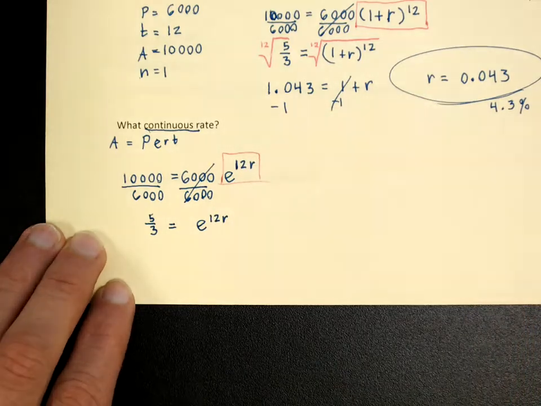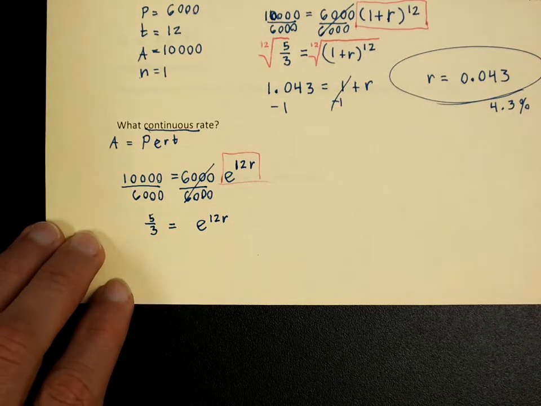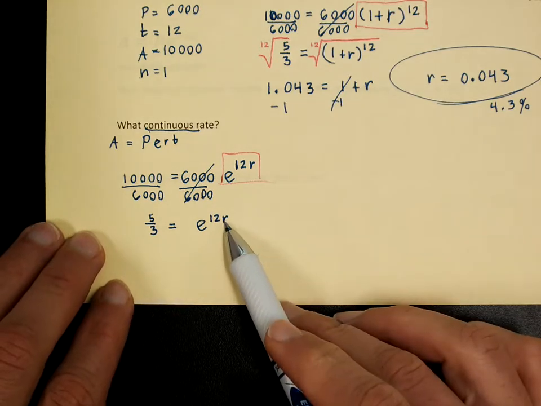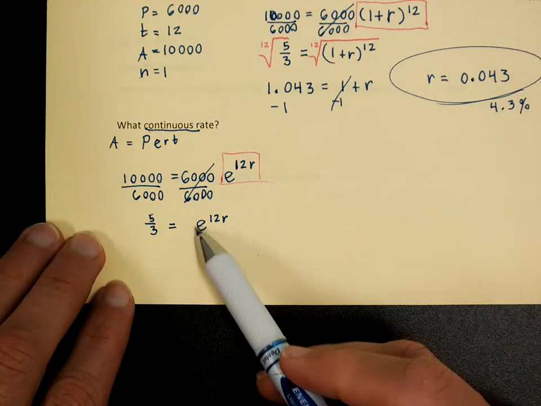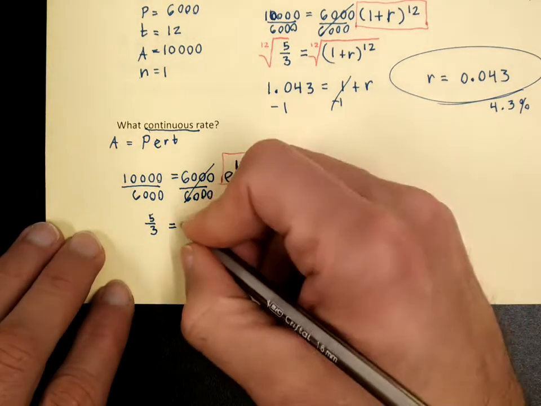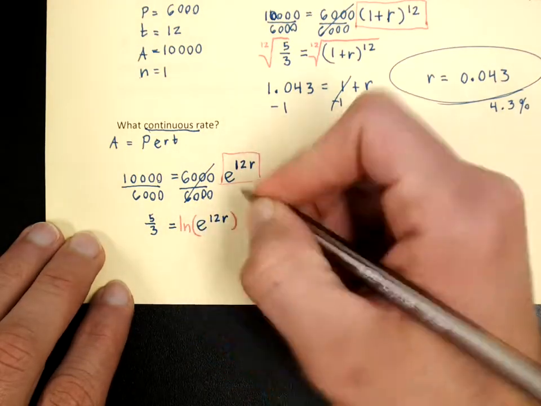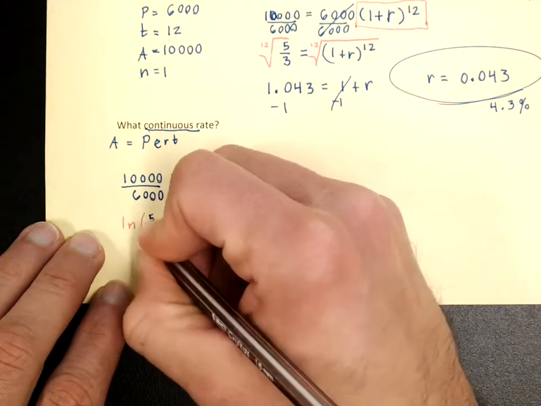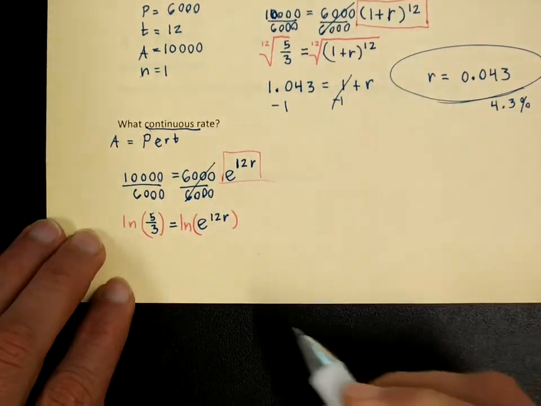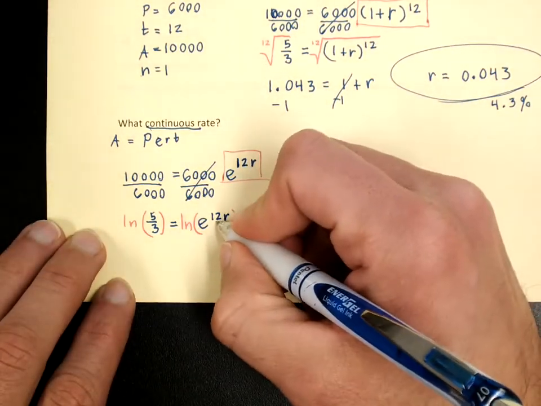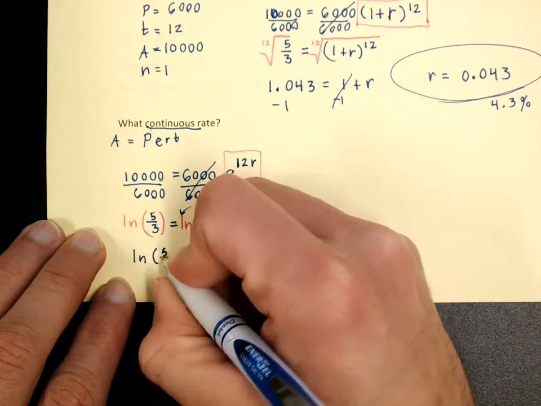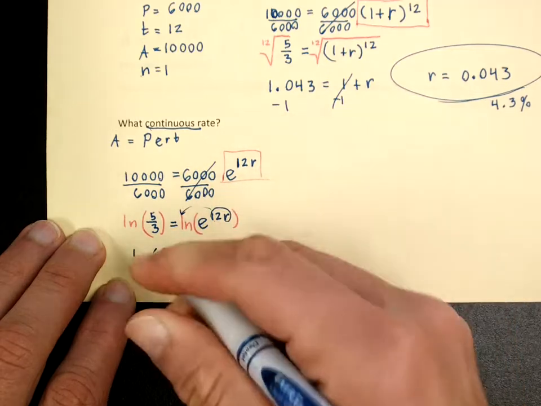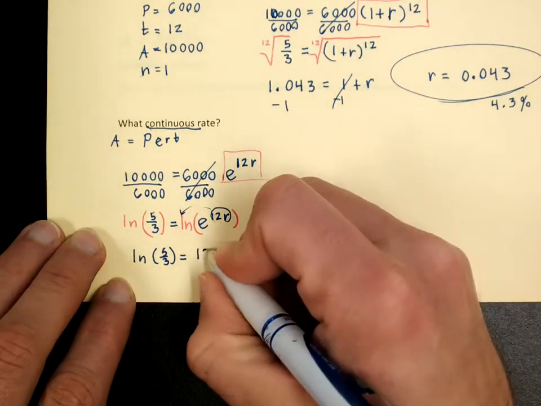Now, it comes back to what we talked about a few lessons ago: if the variable you're looking for is a power, and this one is, you're going to have to use a logarithm to get rid of this E. Remember, the inverse of E is the natural log, so I'm going to take the natural log of each side. If I take the natural log of this side, I can move this 12R in front. So we have the natural log of 5/3 equals the natural log of E, they cancel, and you end up with 12R.